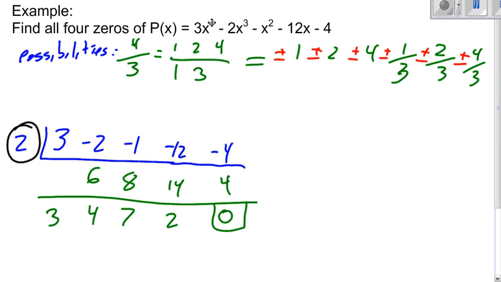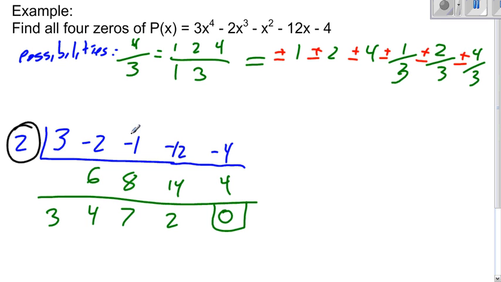There's only one sign change, which means there's only one positive 0. So there's nothing else positive. And since when we divided by 2, everything was positive, there's nothing greater than 2, like we said. So now the only thing left to check is the negatives.